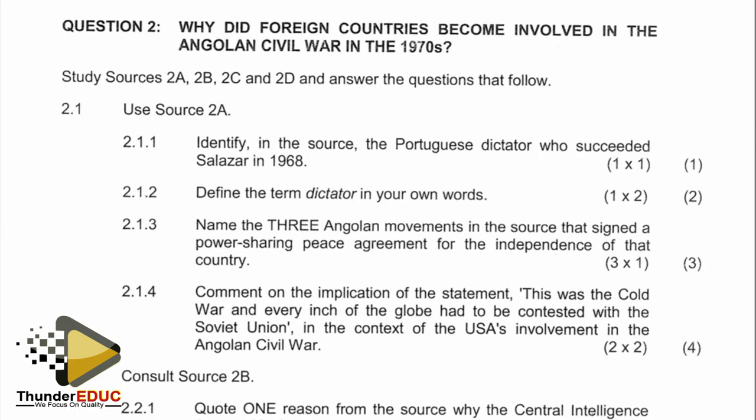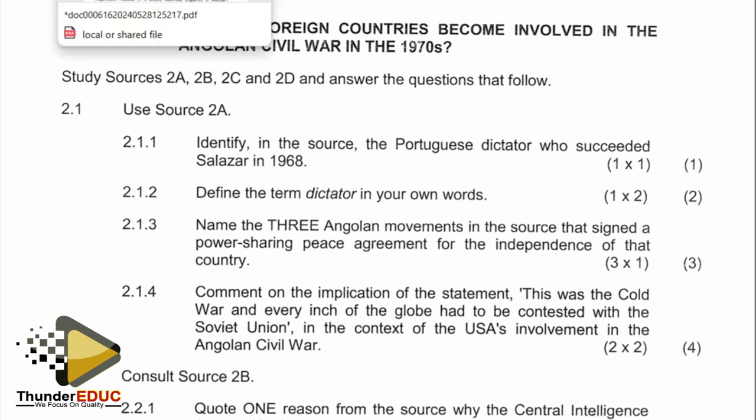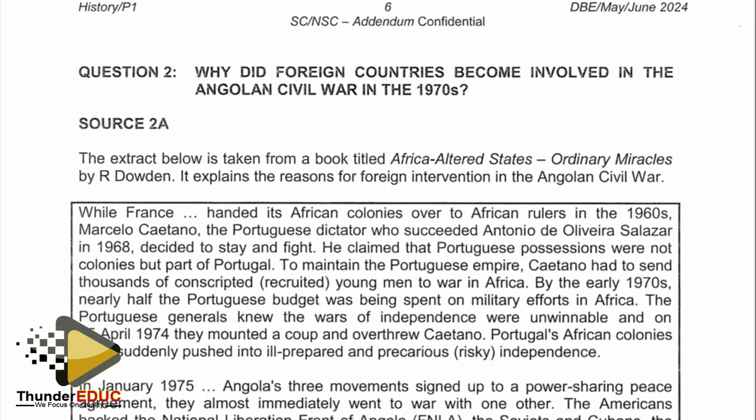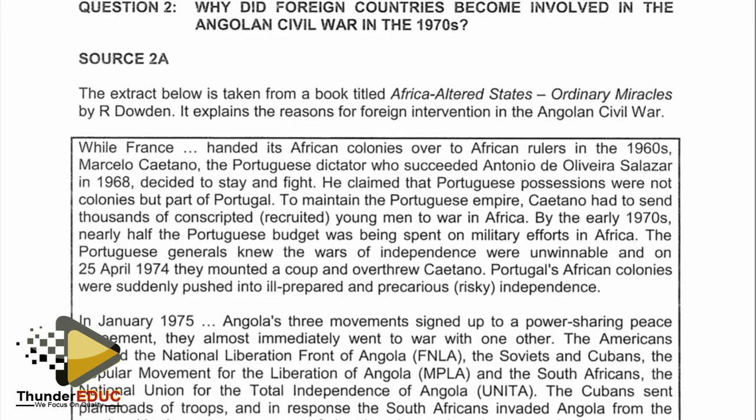We move on to question number 2, which is based on Angola. We are going to highlight the answers where we get the responses as quick as possible. Right. We got source 2A. The question is asking why did foreign countries become involved in the Angolan civil war in the 1970s.